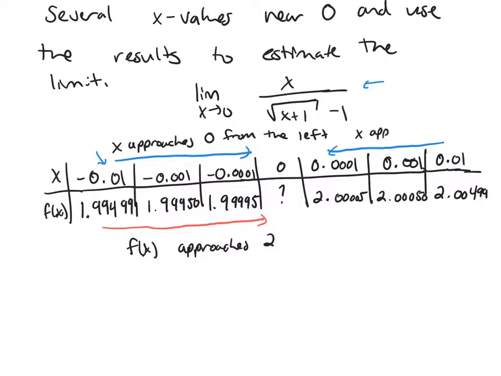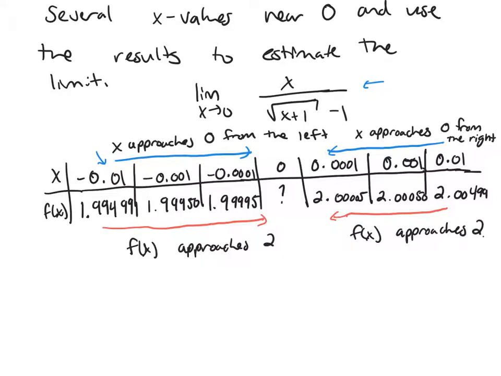x approaches 0 from the right. What happens to my y values? What do they look like they're getting closer to? It looks like they're getting closer to the number 2. So f of x approaches 2.